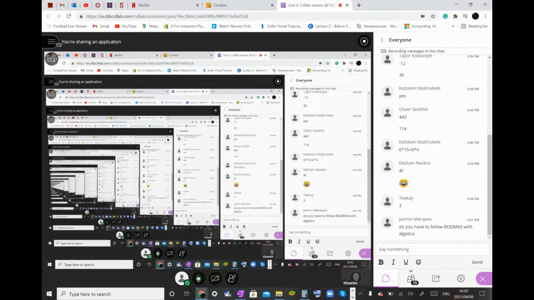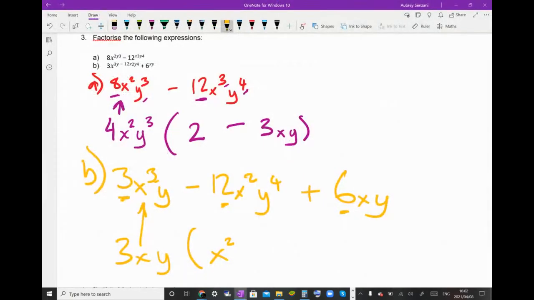With this specific question, we don't really have to apply BOMDAS because it's just one expression that we are dealing with. But if it was any other type of situation, yes, we would have to apply BOMDAS. I'm just struggling to find the right words to say it.